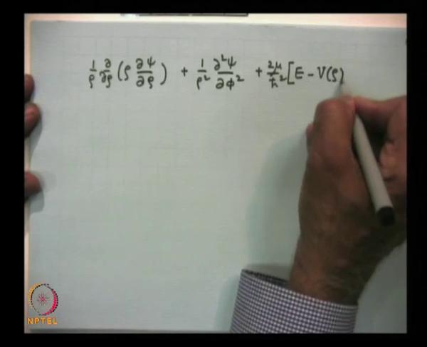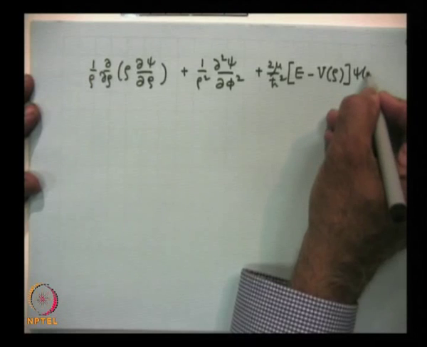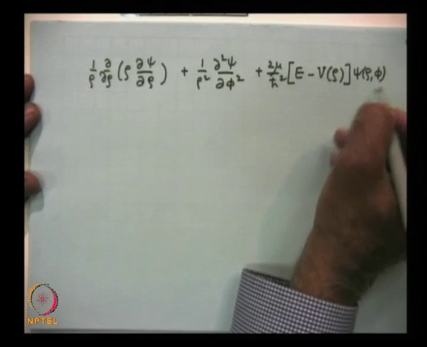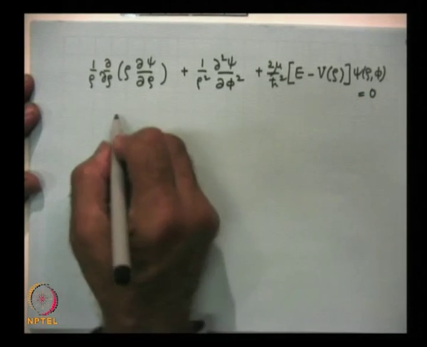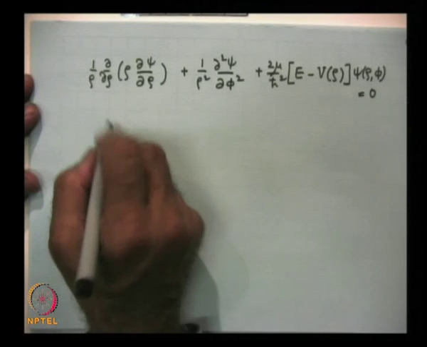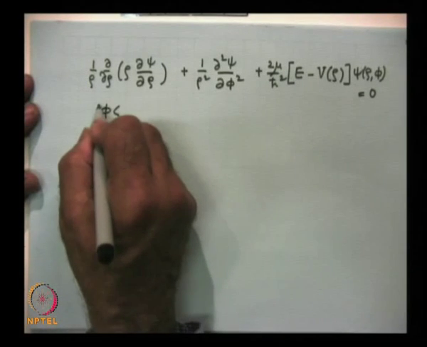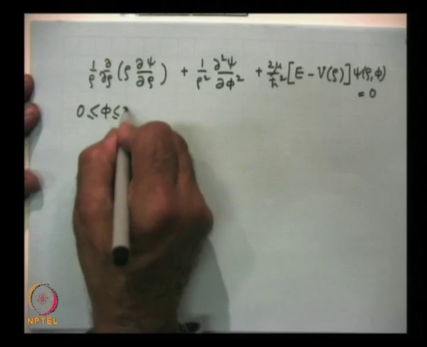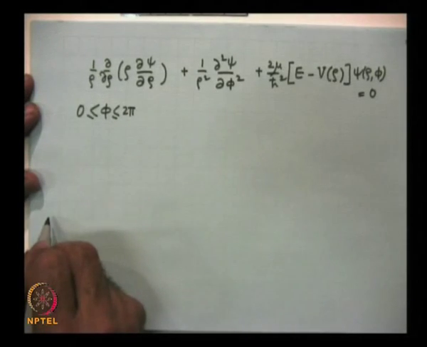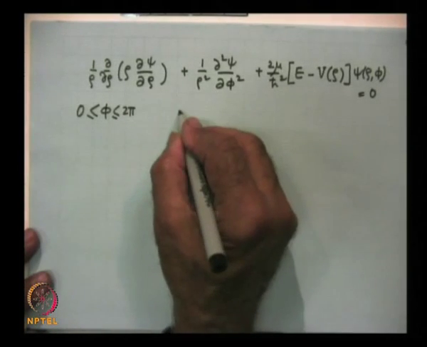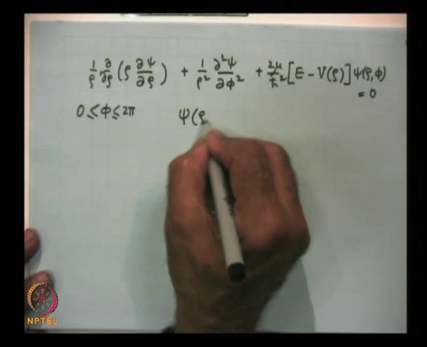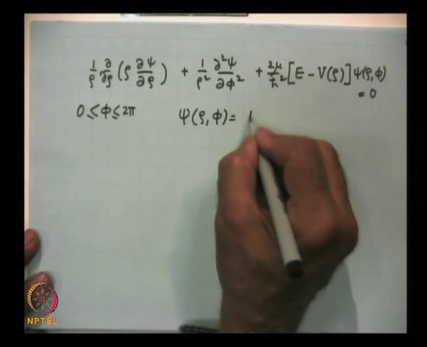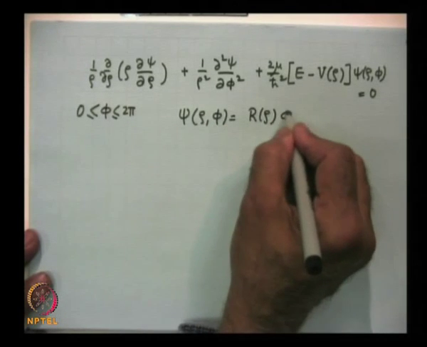V depends only on the rho coordinate. I can again use the method of separation of variables, and phi goes from 0 to 2 pi. So, I can write psi of rho comma phi as the radial part times the phi part.